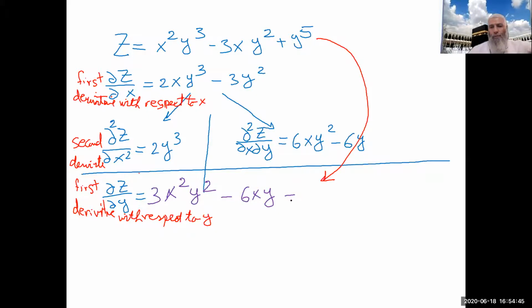Yes, it's variable, 5y power 4. Now we can take two ways here. We can calculate the second derivative with respect to y again, or the second derivative d2z with respect to x.